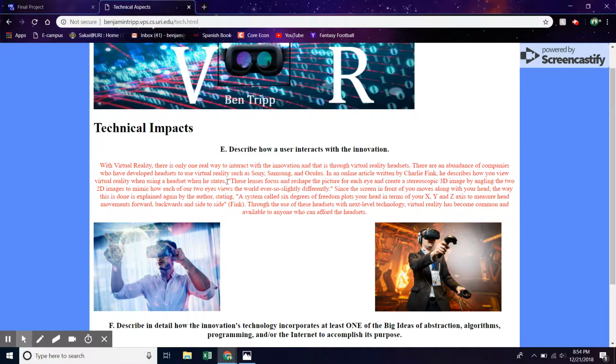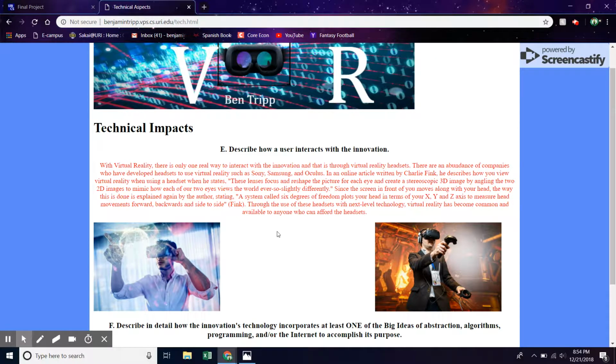So with the two lenses that are used in a headset, he goes on to state these lenses focus and reshape the picture for each eye and create a stereoscopic 3D image by angling the two 2D images to mimic how each of our two eyes views the world ever so slightly differently. Now, since with virtual reality headsets, the movement of your head is very important because the screen will follow wherever you're looking, he goes on to explain this by saying, a system called 6 degrees of freedom plots your head in terms of x, y, and z axis to measure head movements forward, backwards, and side to side.